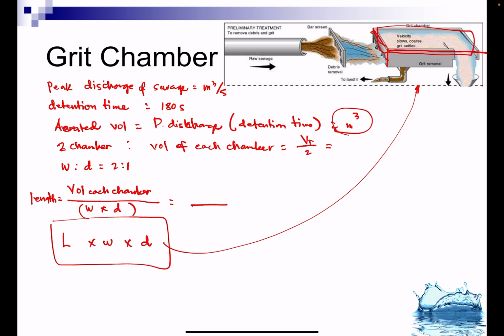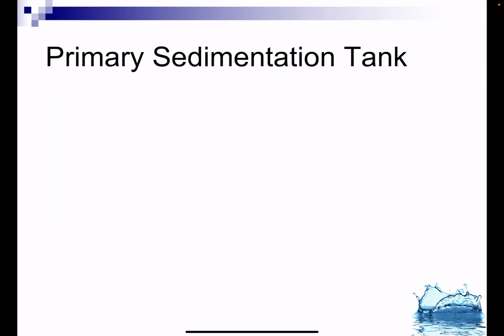We proceed again with your primary sedimentation tank. Usually, a circular tank is used, which makes settling happen by allowing a radial flow in the primary sedimentation tank. So you again go back to your maximum quantity of sewage or the peak discharge in MLD.